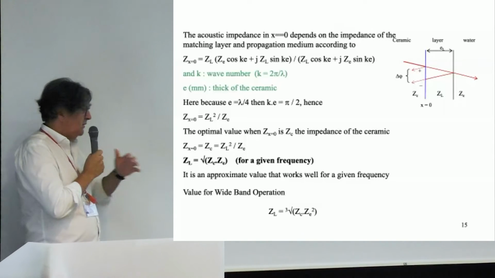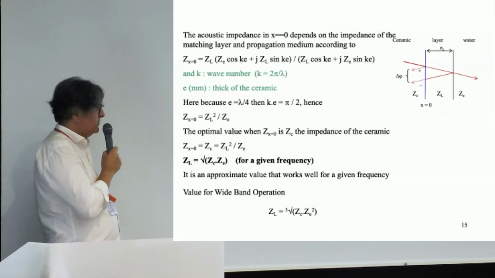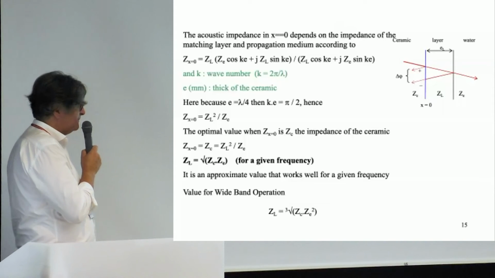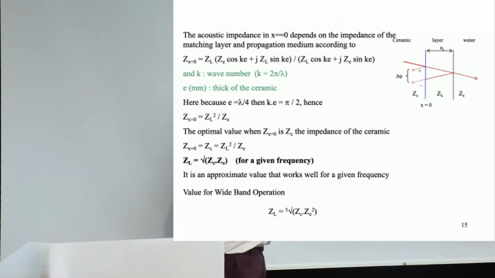And there was a compromise that was found by several authors in the 80s, and that says, okay, instead of using this formula for a broadband transducer, which is the case of the transducers that are generally used, the optimum impedance value is given by this formula. Instead of taking the square root, we take the cubic root of the product ZC multiplied by ZE squared.